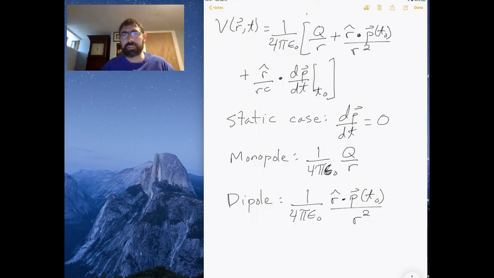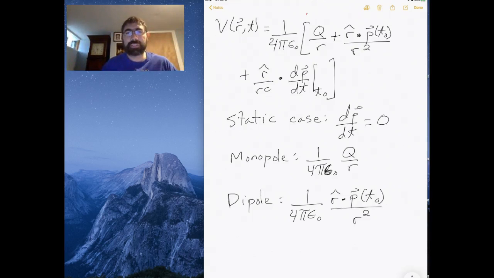Now we did make certain approximations, the last one being that we aren't looking for time-changing dipole moments. So we're restricting ourselves there. In the general case, you could include one, but in this case, we're not.